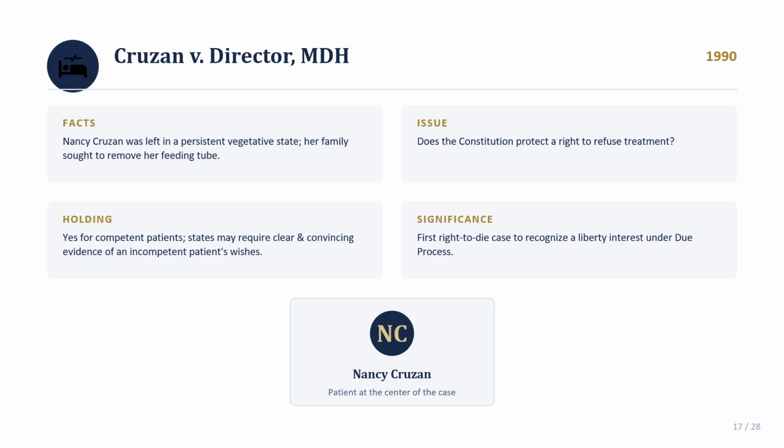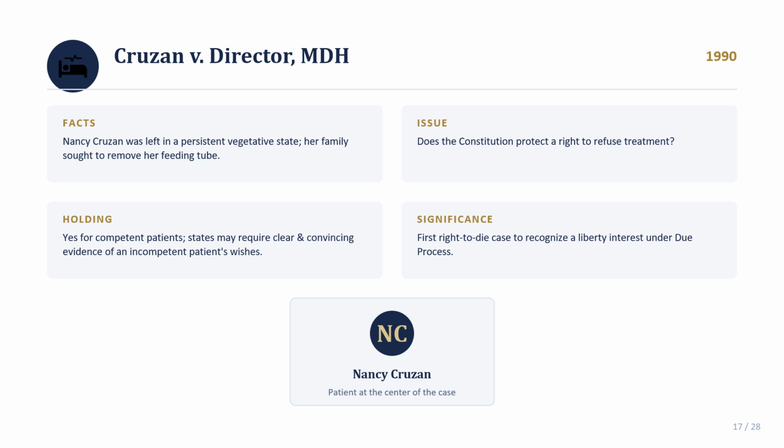It is worth noting the eventual outcome, though, briefly and respectfully here. After the Supreme Court's decision, Nancy Cruzan's family went back to Missouri state court with additional witnesses who testified to the statements that she had made about her wishes. And the state court found that the additional evidence satisfied that clear and convincing standard, and her feeding tube was ultimately removed.